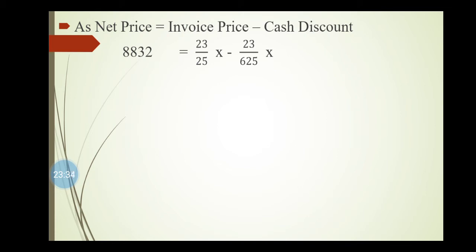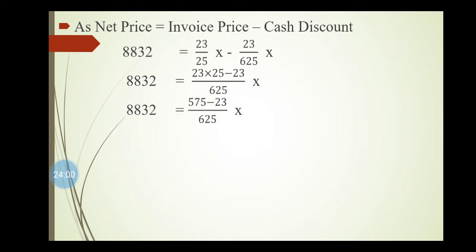So 8,832 equals 23 upon 25x minus 23 upon 625x. When we solve this, again we have to cross multiply. So we have 8,832 equals 23 into 25 minus 23 whole upon 625.